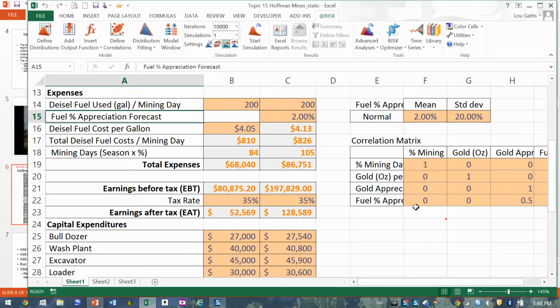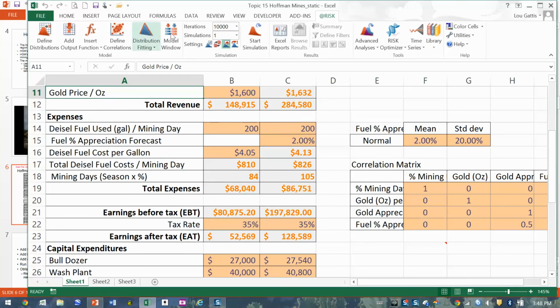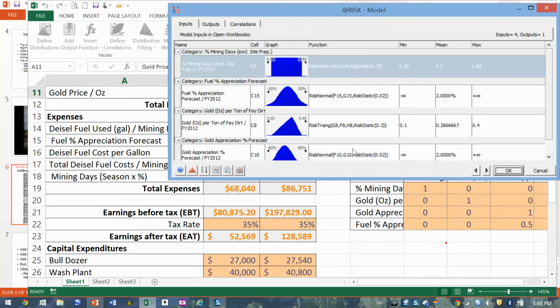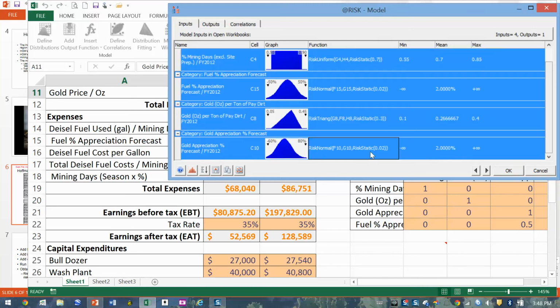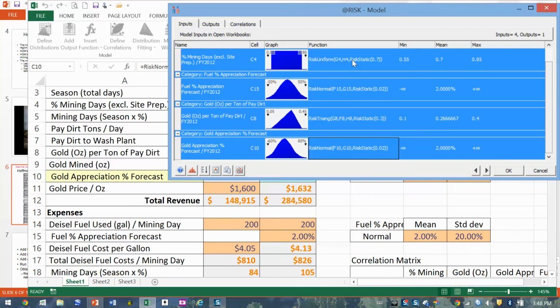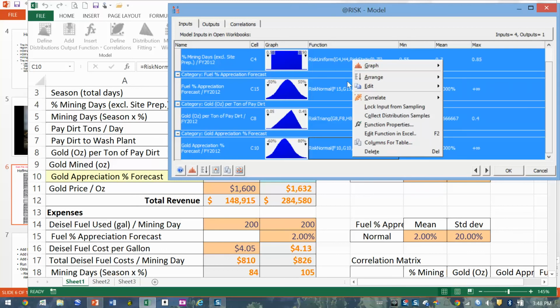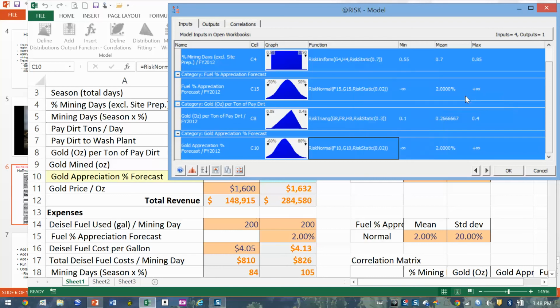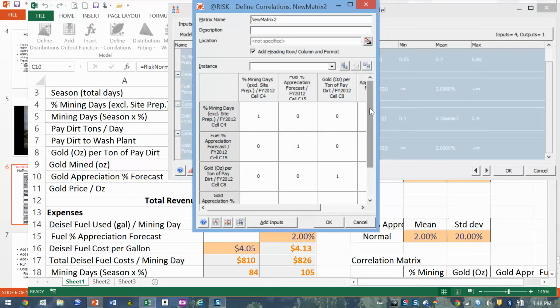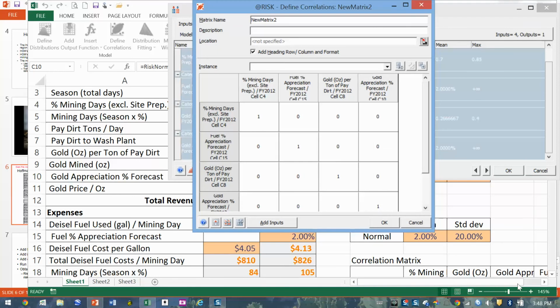So how I do that is I go into my at-risk model window. I'm going to select my 4 variables, my 4 inputs. I'm going to right-click, correlate, create new matrix. I need to make sure it's in the same order as my correlation matrix down here.